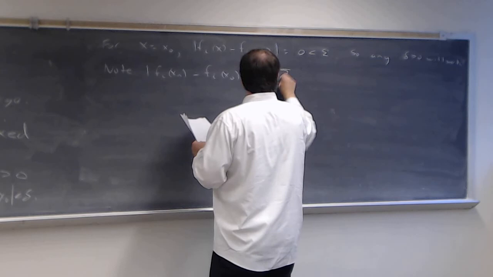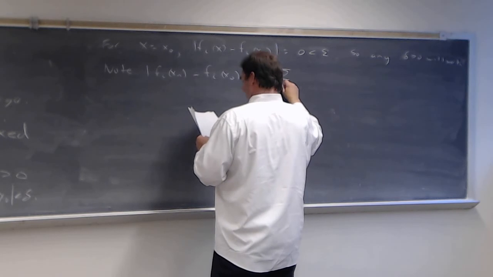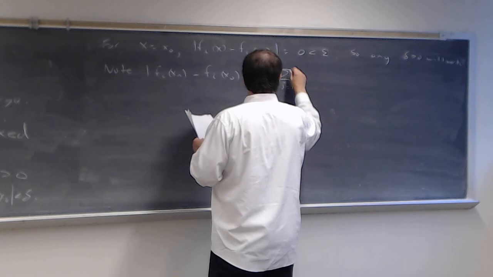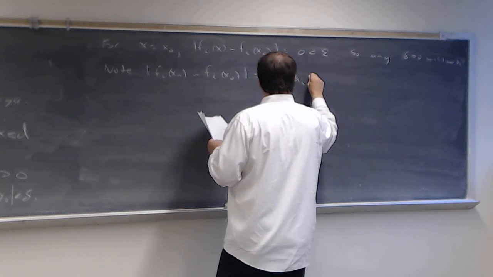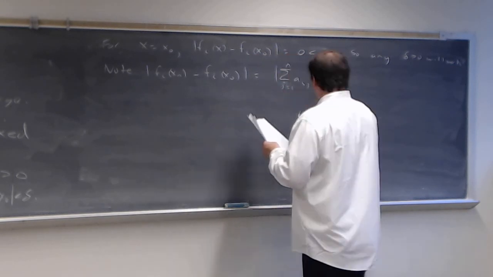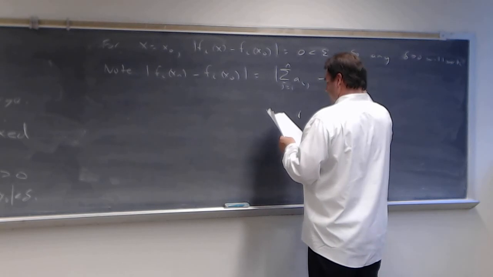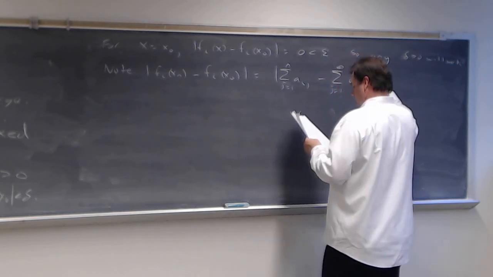equal to the sum as j runs from 1 to n of a sub ij minus the sum as j runs from 1 to infinity of a sub ij.